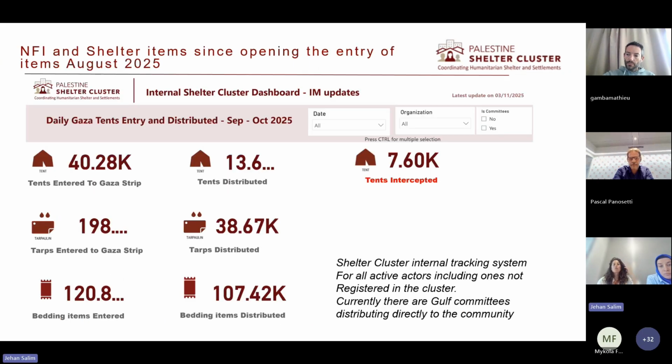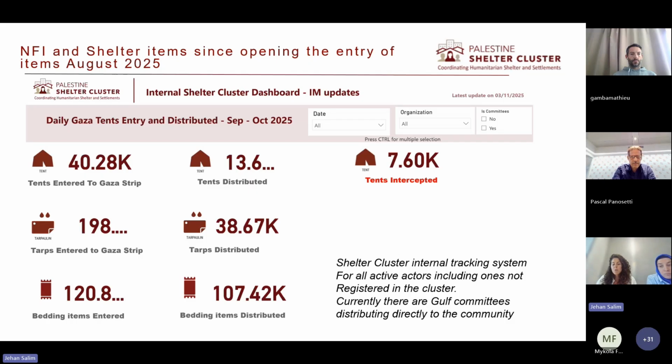Next slide is an internal monitoring system we created for shelter and NFI. As you might know, we have around 30 active partners under the shelter cluster in Gaza. But at the same time, we have different committees delivering shelter NFI items that don't fall under the cluster.